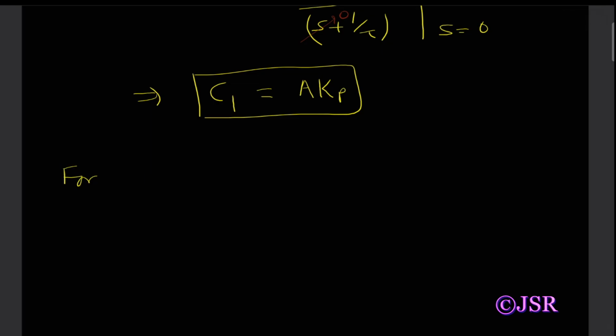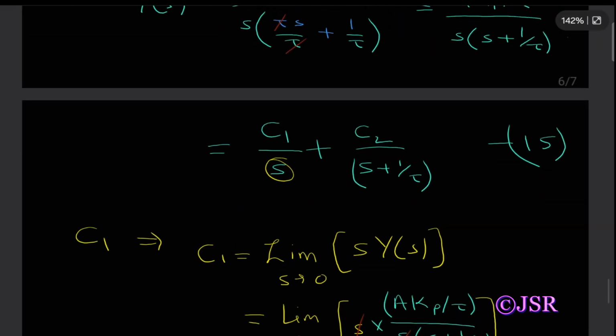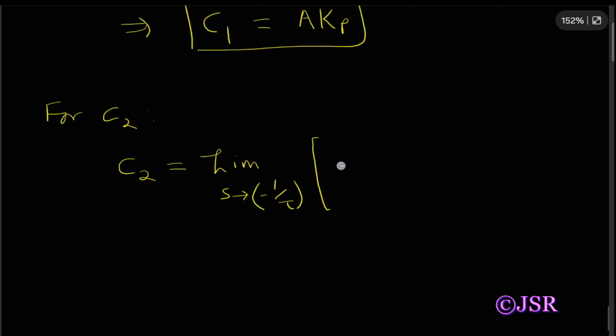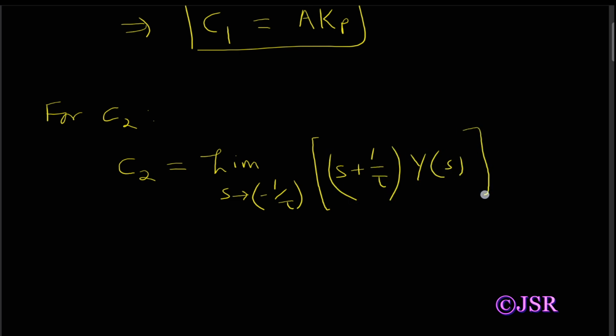So for c2 we will do the similar operation. For calculating c2 we have to find out limit s tends to minus 1 upon tau of the coefficient of c2, which is s plus 1 by tau times y of s.